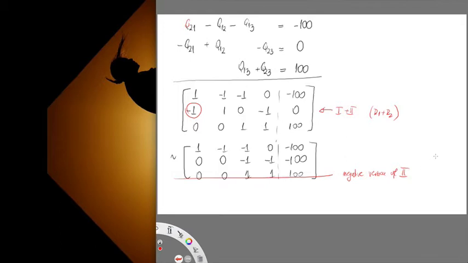So I really truly only have 2 equations and 4 unknowns. Okay? 2 equations that are linearly independent and 4 unknowns.